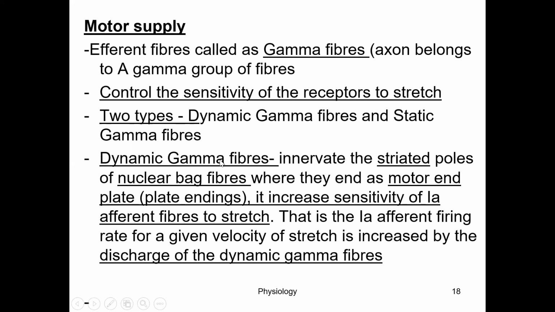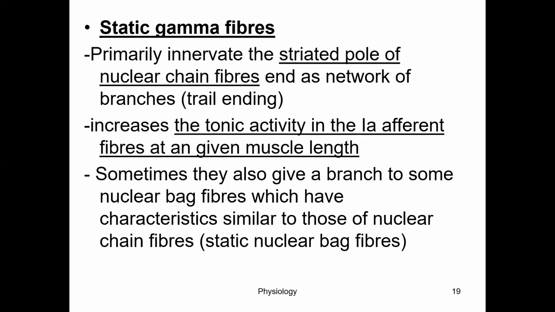So the dynamic gamma fiber is supplied to the contractile portion, the striated pole of the nuclear bag fibers, where they end as motor end plates, called plate endings. It increases the sensitivity of the group 1A afferent fibers to stretch. That means the group 1A afferent firing rate for a given velocity of stretch is increased by the discharge of dynamic gamma fibers. It gives stimulation only during the initial change in length of the muscle fiber. So this is about the dynamic gamma fiber.